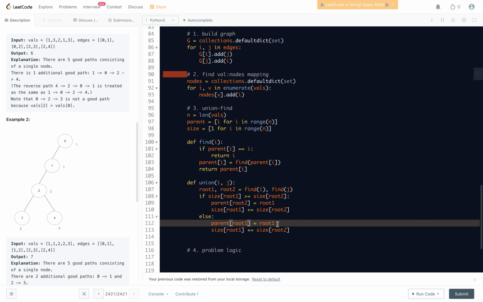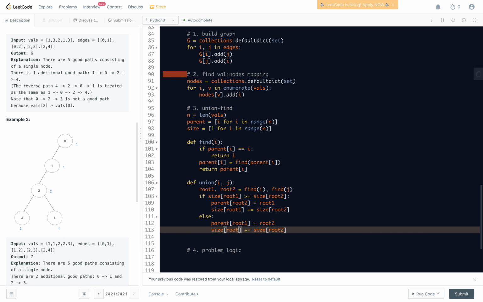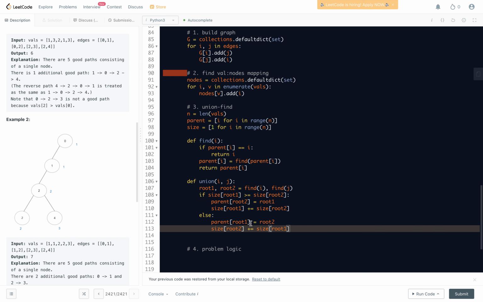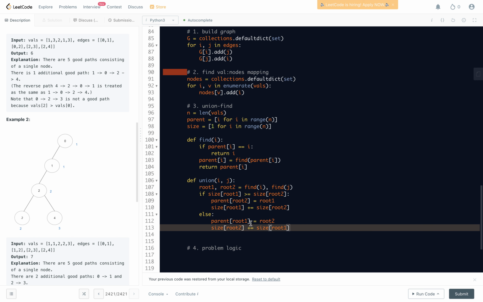This is the one case. In the other case, we just do the reverse direction: we set the parent of root 1 to be root 2, and then we increment the size of root 2 by that of root 1. So this is the union operation.